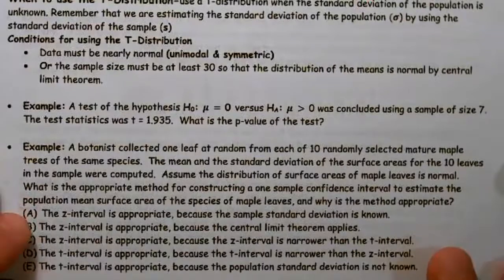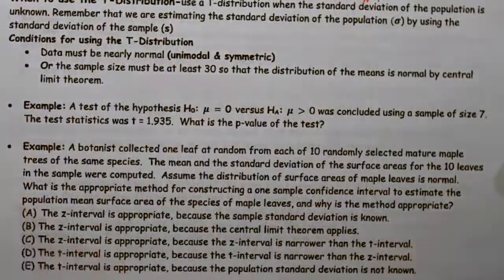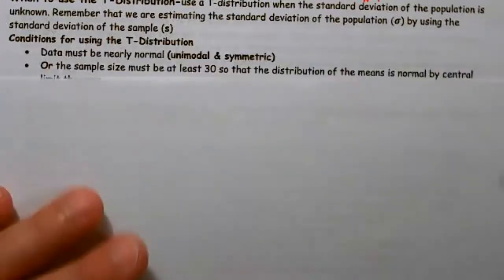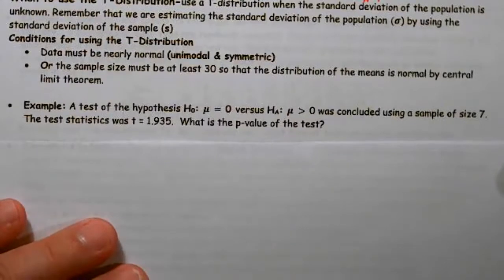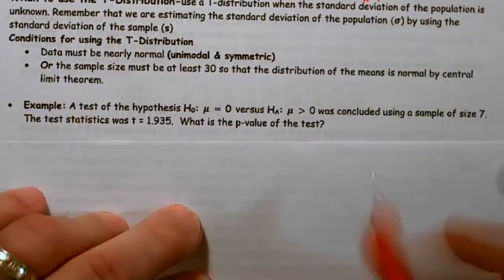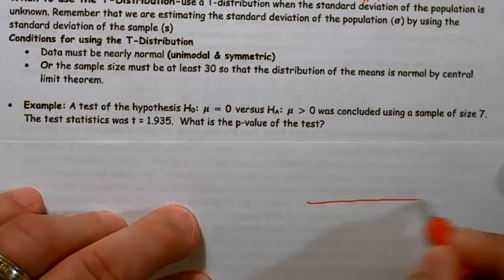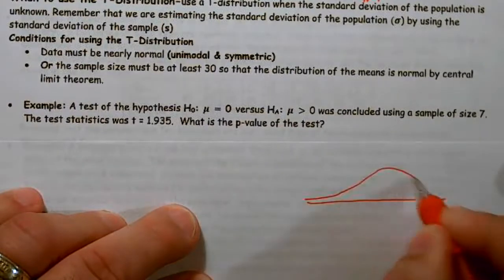All right, so couple example problems. A test of hypothesis, H0 mu equals 0, alternative mu is greater than 0 was calculated using a sample of size 7. The test statistic was 1.935. So what is the p-value? I'm going to turn around and grab a sheet of paper real quickly. And so first thing, I always like to draw that little picture.